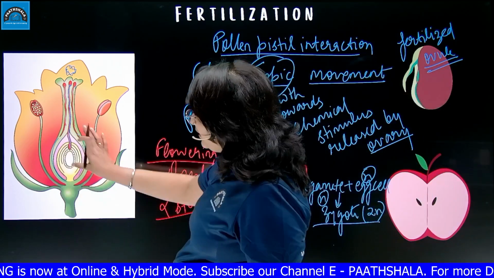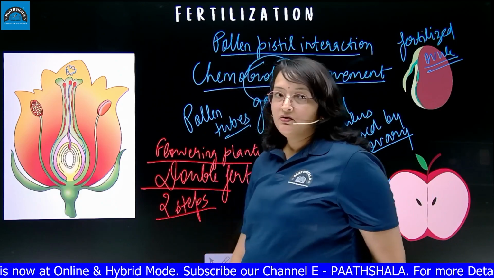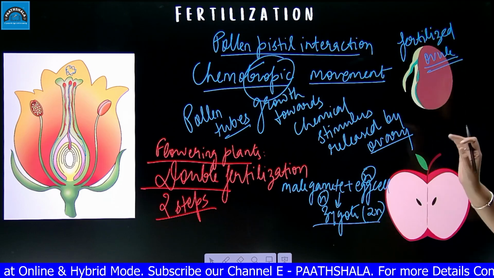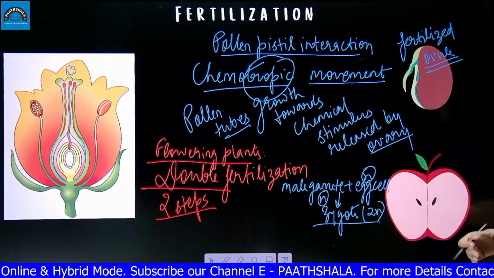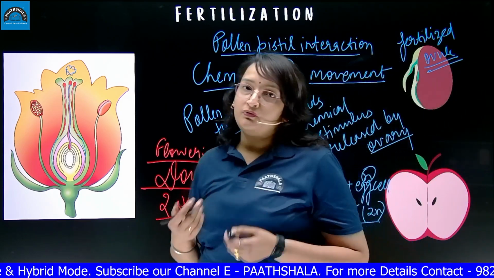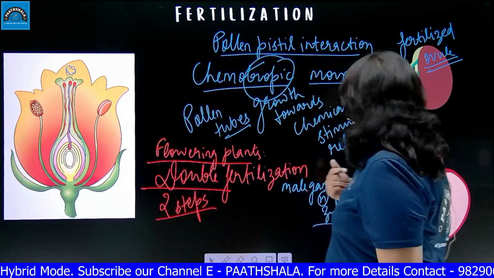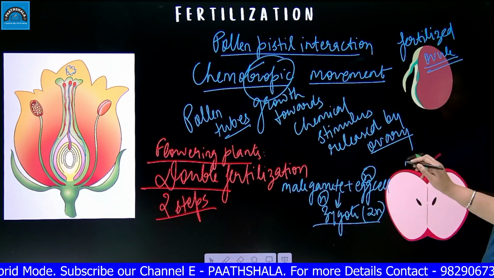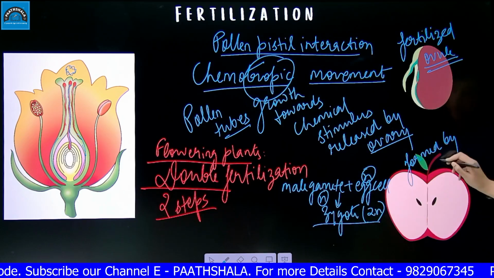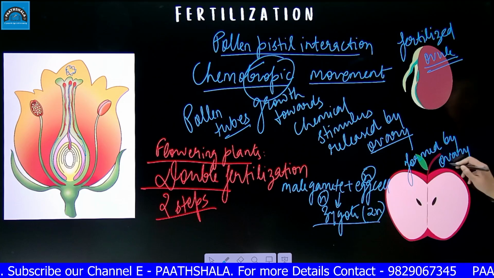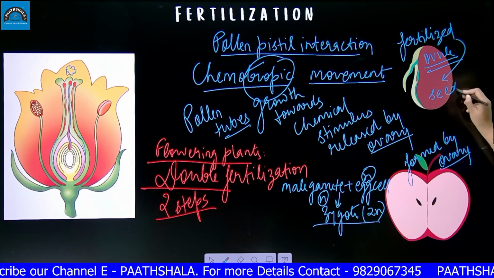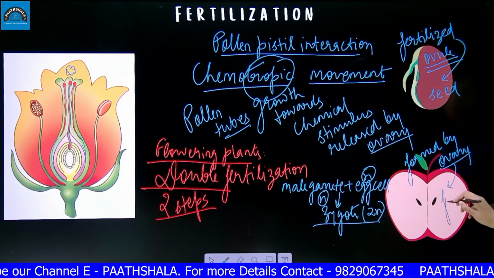What was that swollen base called? The ovary. After all the ovules are fertilized, the ovary which contained these ovules converts into a fruit. So this fruit-like structure is formed by the ovary. Always remember, the ovule develops into a seed and the ovary develops into a fruit.